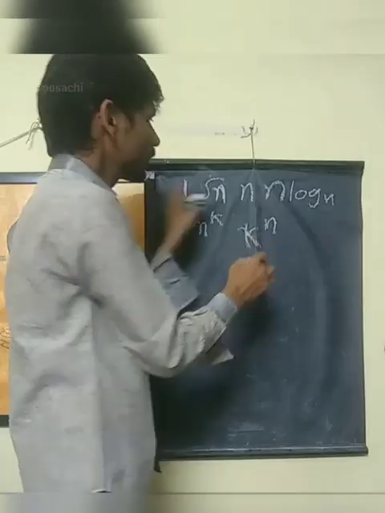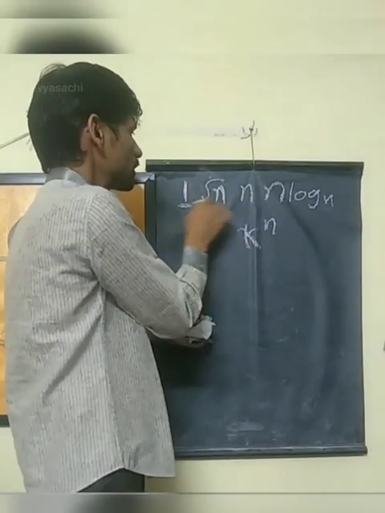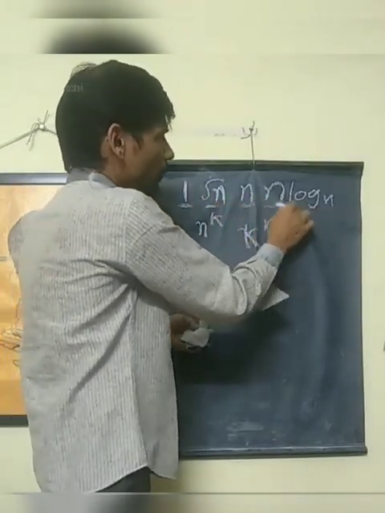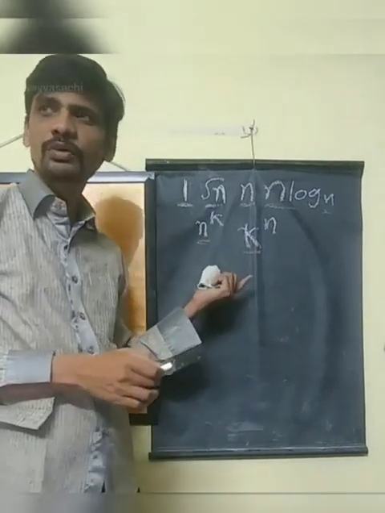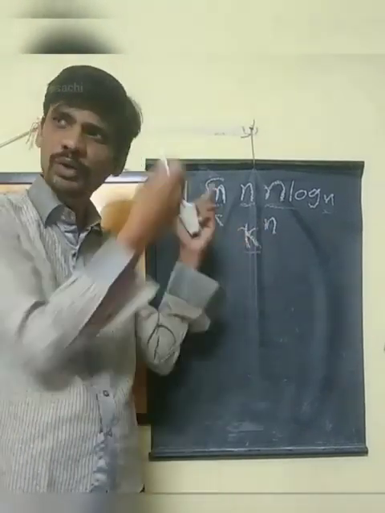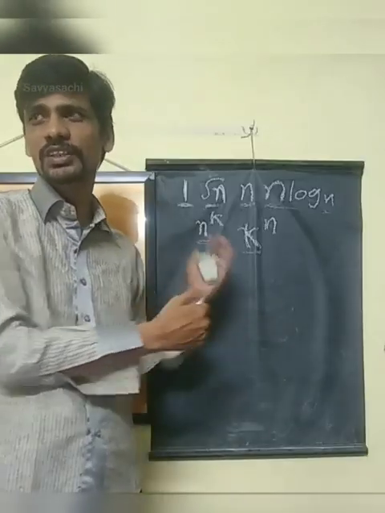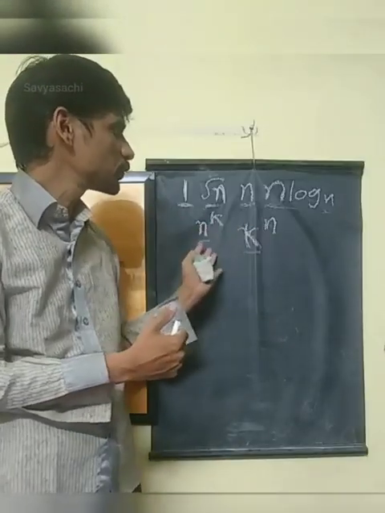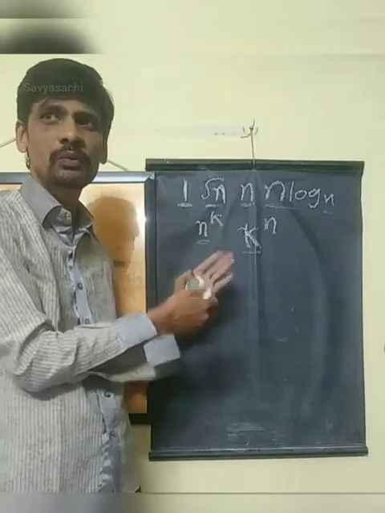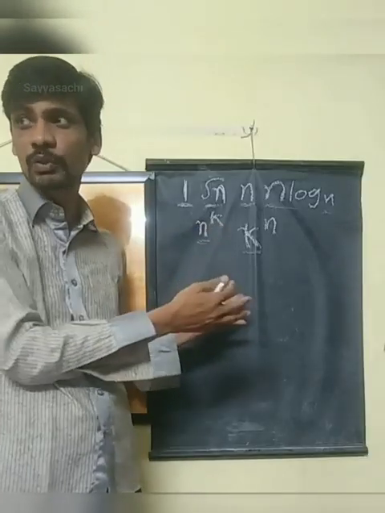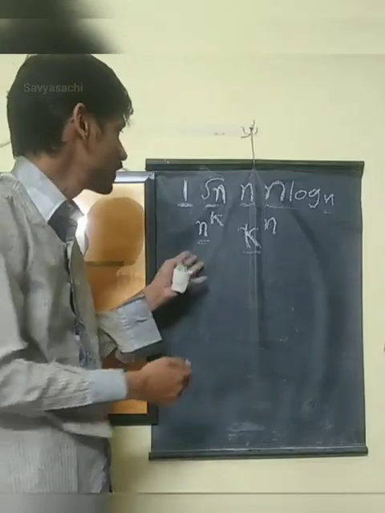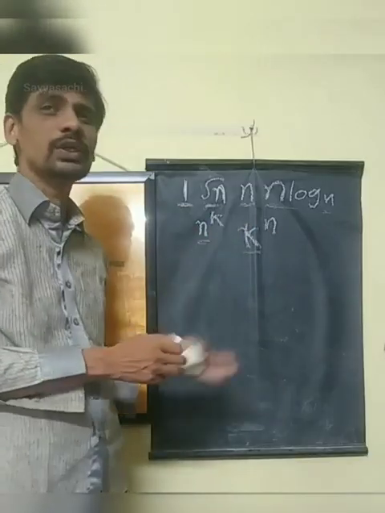So we have different types of functions. We have been learning these functions from our starting class onwards. We understood what they mean, and we understood how to plot these in an XY graph. Everyone understood, right? Okay.